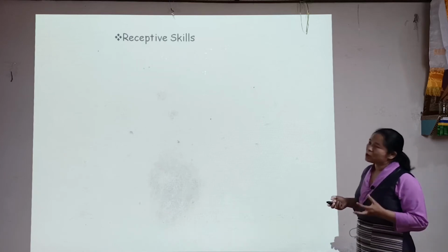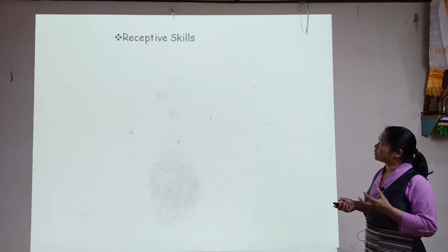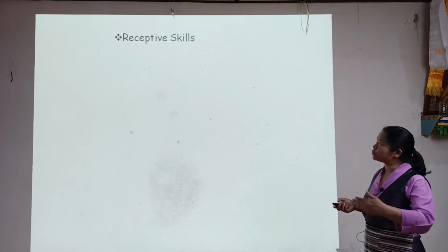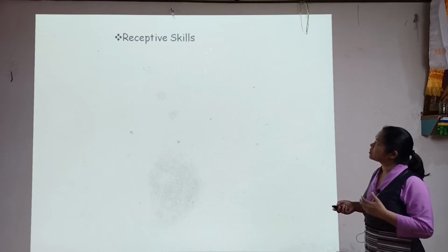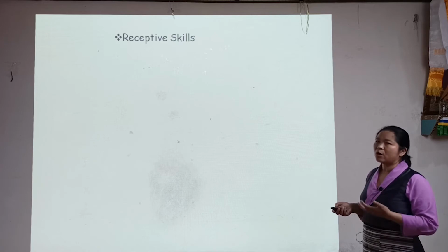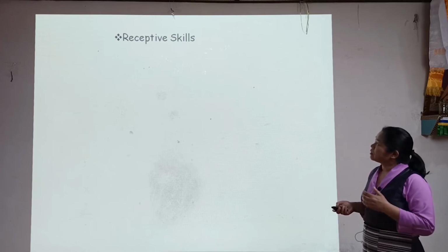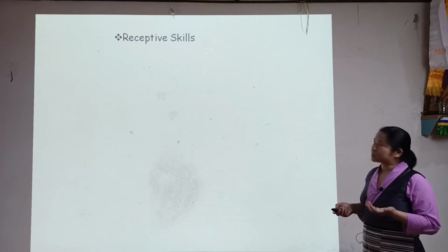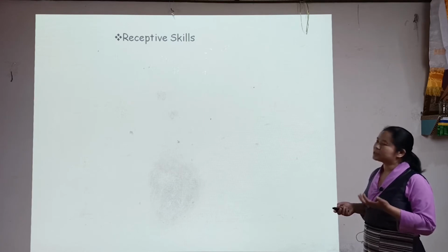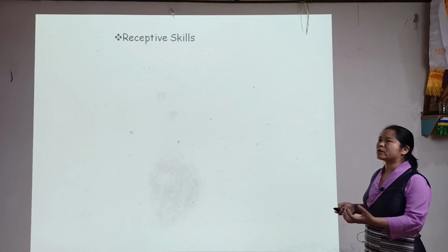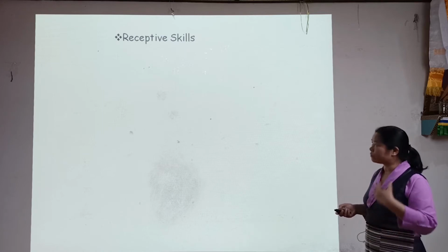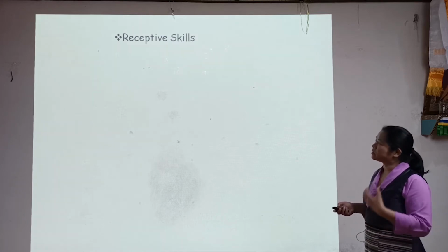These four skills of a language or English are further grouped into two. The first group is called receptive skills or input skills. The word itself explains that these are the skills through which we collect information, gather information. Now, what are these two skills?